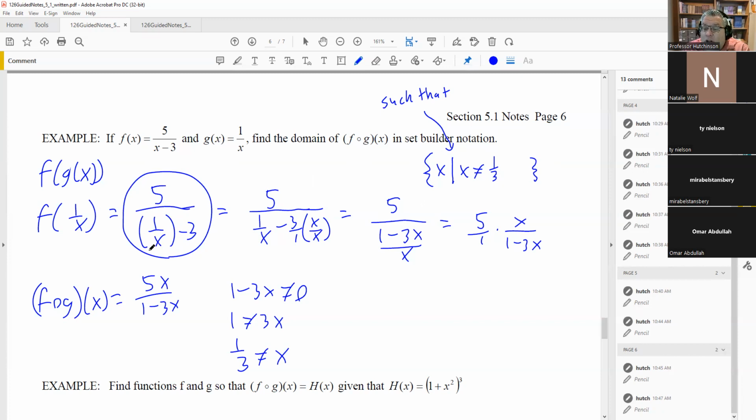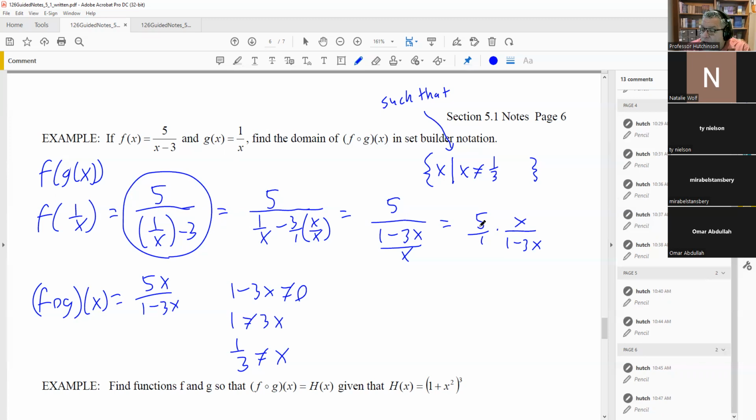If I plug a 0 into this first step, that would cause division by 0. So when you do these problems, you have to look at domain twice. The first time you look at domain is your very first step. When you plug the fraction in, you're going to find the domain in that first step. So that tells me that x is not equal to 0.